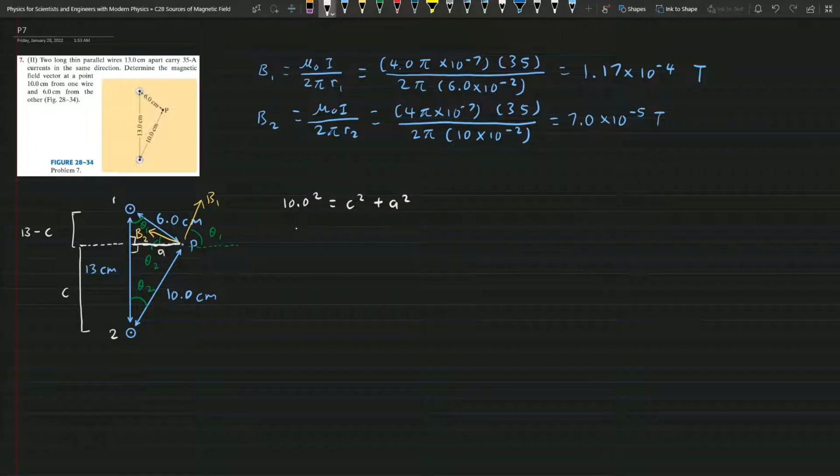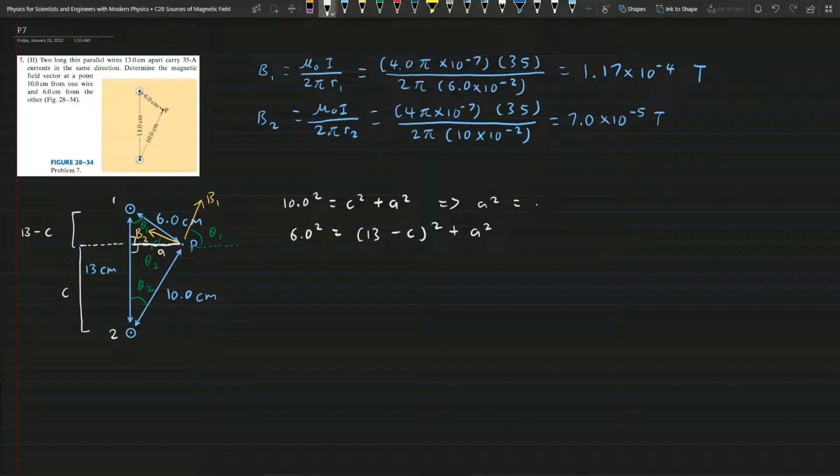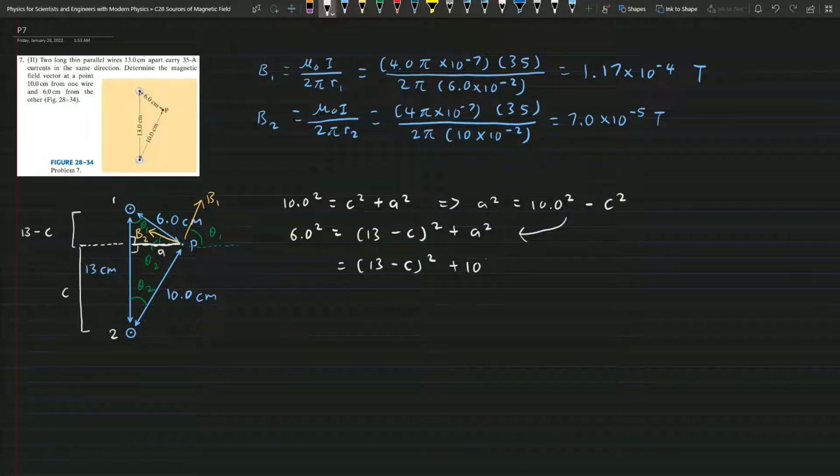We know this is 6.0 squared equals (13 minus c) squared plus a squared. So we rearrange a squared to get 10 squared minus c squared, and we substitute this inside here. We get (13 minus c) squared plus 10 squared minus c squared.